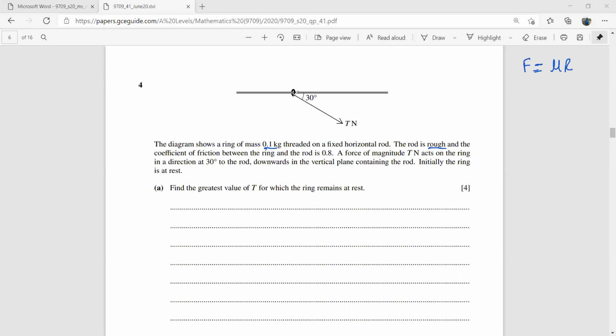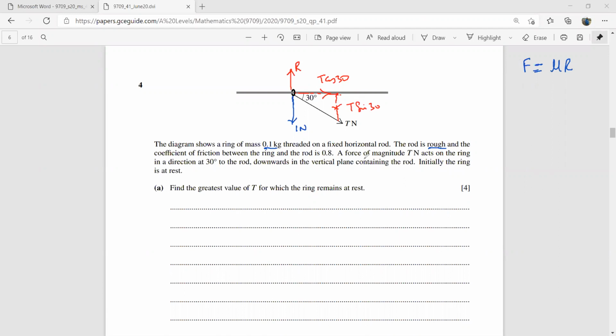So guys, I'll be showing the weight down here. That is going to be 1 Newton. Okay, and then there would be R right opposite to it. This is your R over here, and then I'll be resolving this tension here as well. This is going to be T cos 30. This one is going to be T sine 30.